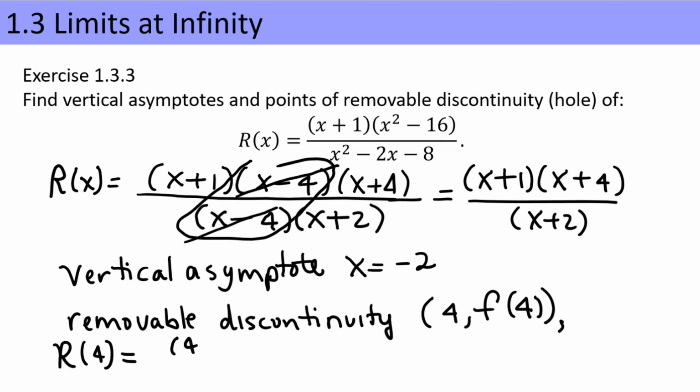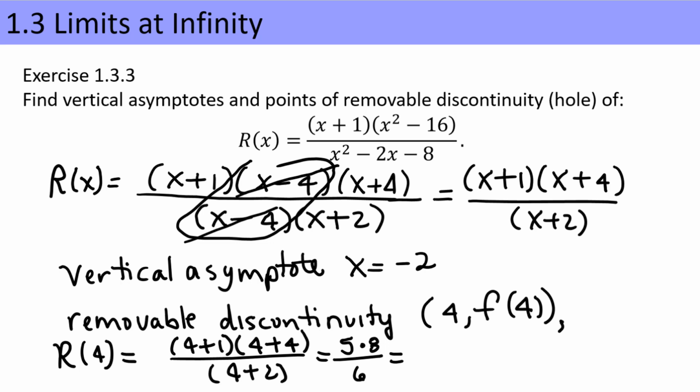So we will have 4 plus 1 times 4 plus 4 divided by the quantity 4 plus 2. So the numerator is 5 times 8 divided by the denominator, which is 6, and that simplifies to 40 over 6, which simplifies even more to 20 over 3.